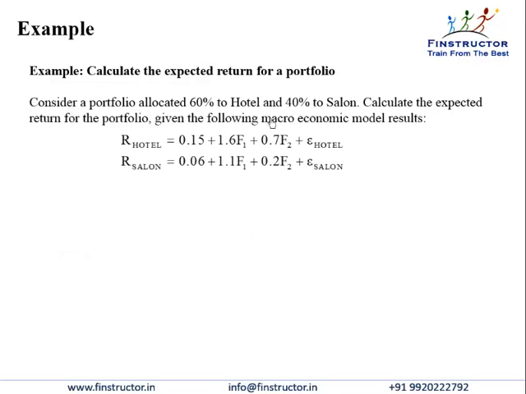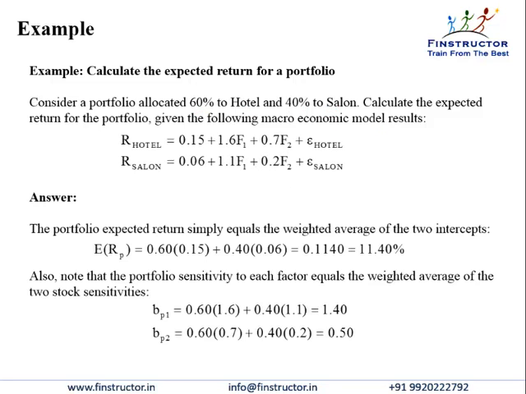Consider a portfolio allocated 60% to hotel and 40% to salon. Compute the expected returns for the portfolio given the following macroeconomic factor model returns. So return on the hotel is 0.15 into 1.6 into F1 plus 0.7 into F2, so on and so forth.